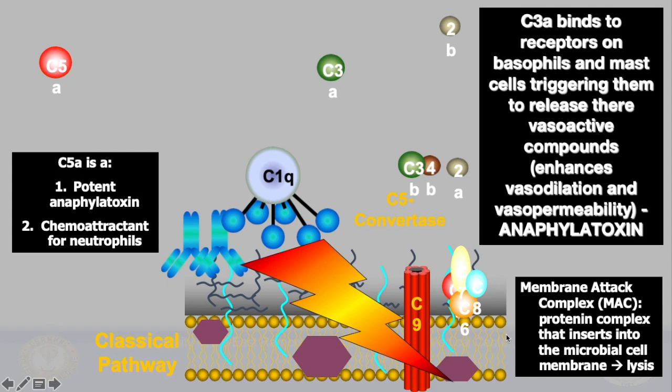So this is a protein complex that inserts into the microbial cell membrane, resulting in lysis. This is somewhat similar to the perforins used by your natural killer cells. So this would open up holes in the membrane of the microbe.